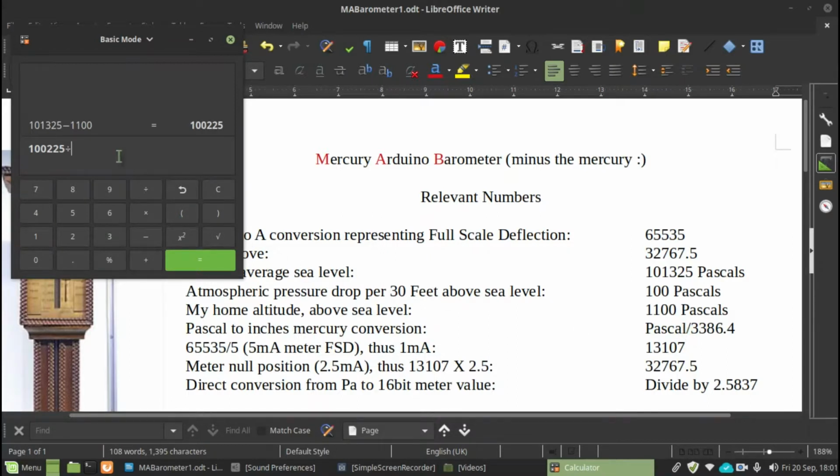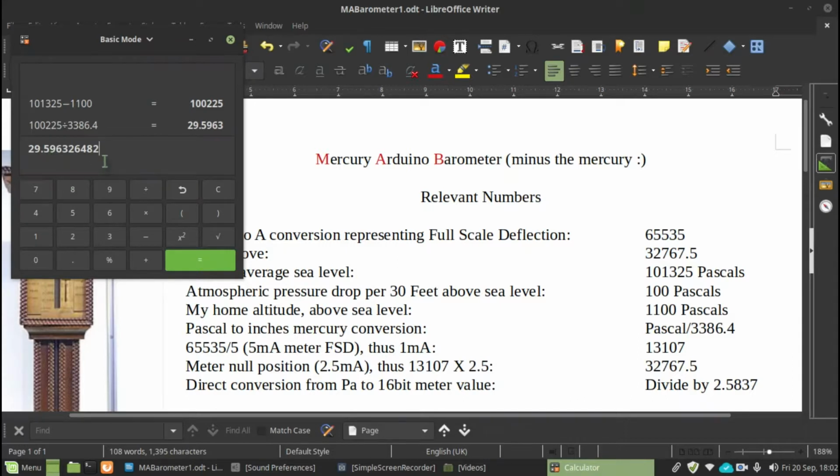So let's do that. Let's put in 3,386.4 and see what that equals. And there we are. Now that is in inches mercury. So therefore, that's the reading of 29.59, which is just under 30 inches, of course.